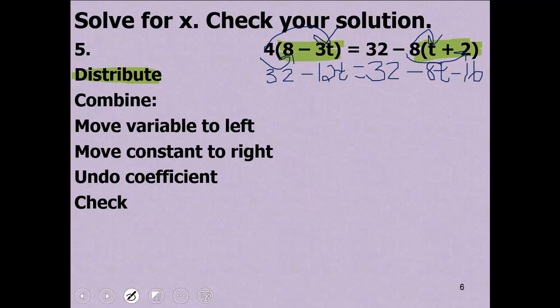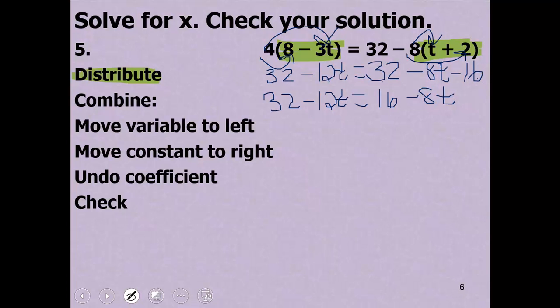Negative 8 times 2 is a negative 16. All right, I don't have anything to combine over here, but I do here. I have 32 minus 16. All right, so that means I have 16 minus 8t. And over here I have 32 minus 12t.